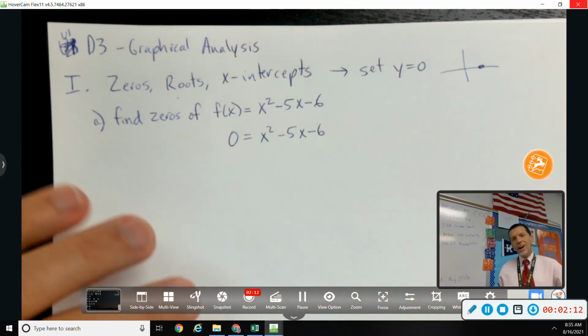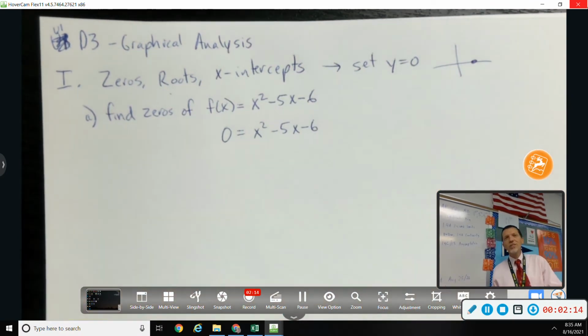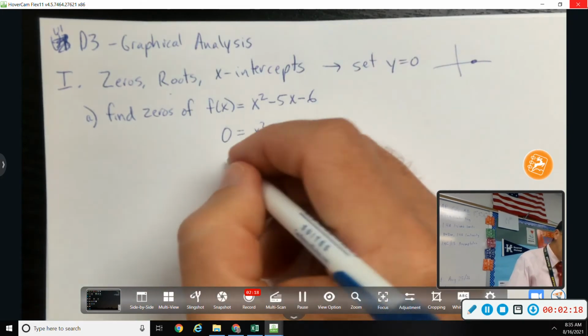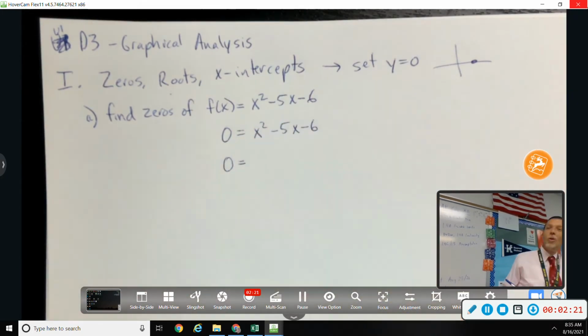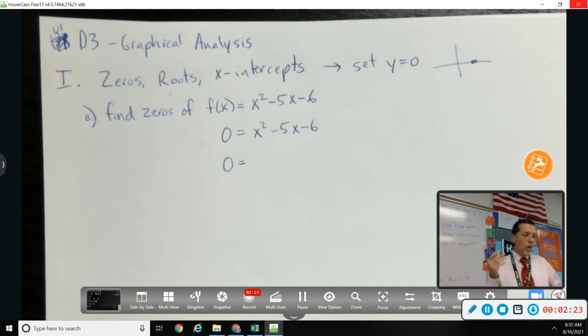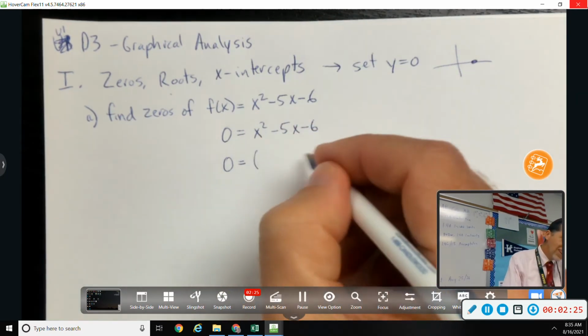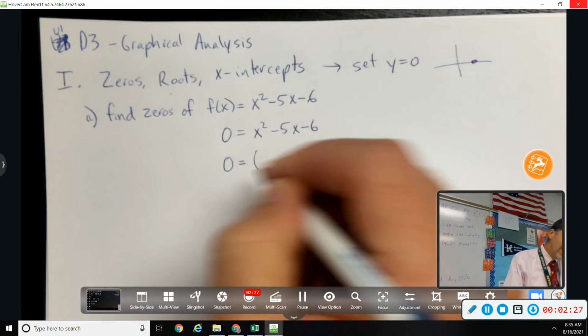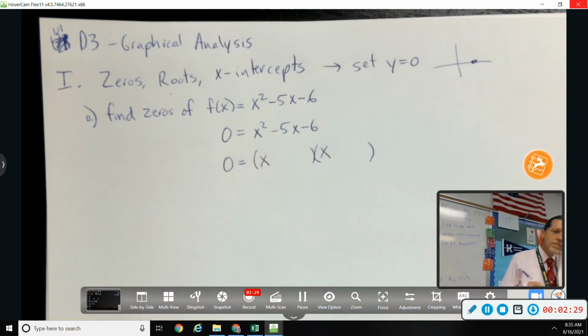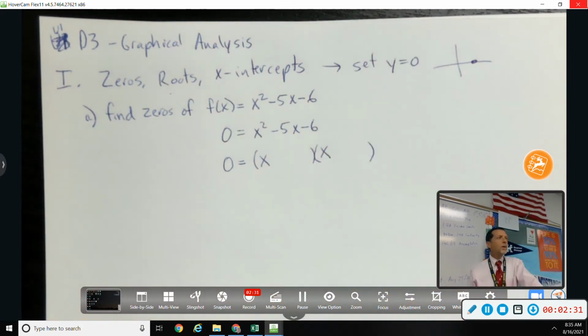That's a quadratic. So yes, there are multiple ways to solve a quadratic, including complete the square. You're welcome to knock yourself out with that. Or quadratic formula. Or, best of all, factoring. And I picked one that is commonly missed because people think that 3 times 2 is 6.